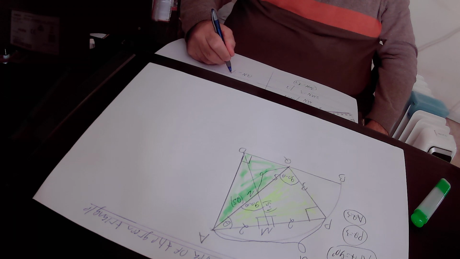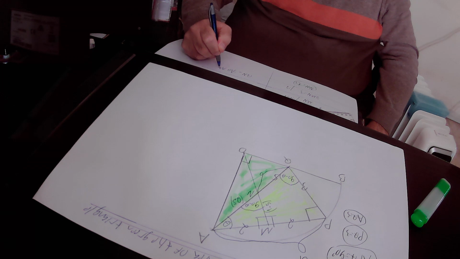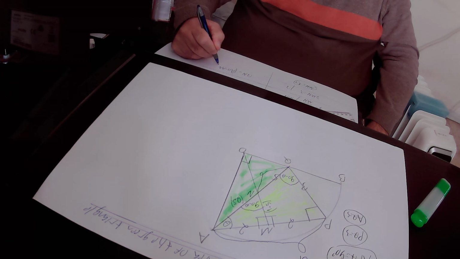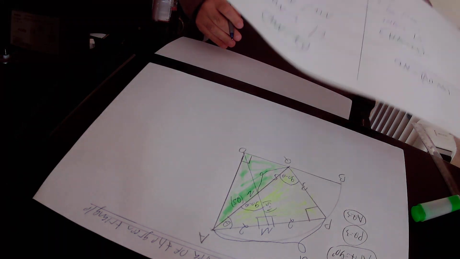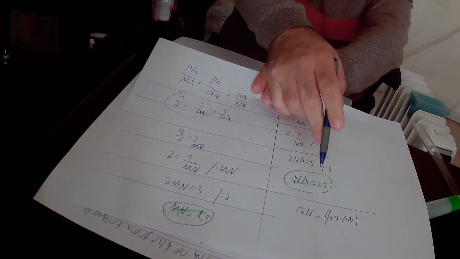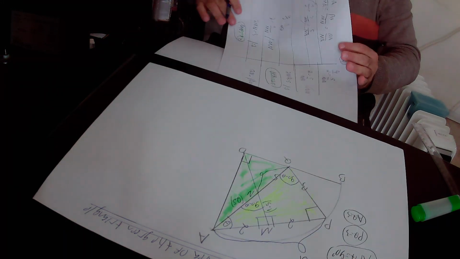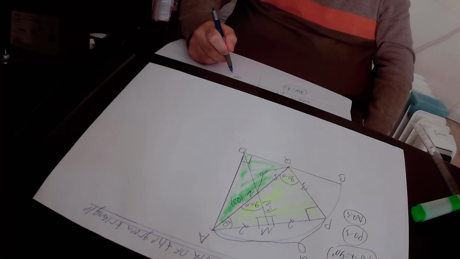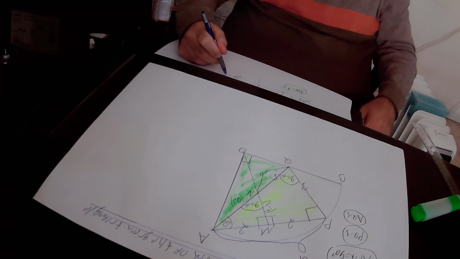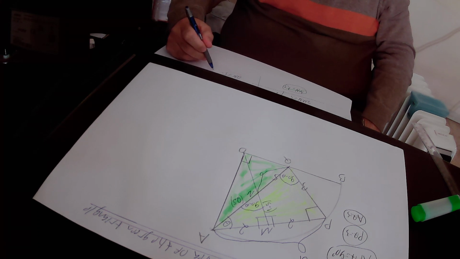QN equals AQ minus AN. So QN equals AQ, which is 5, minus AN, which is 2.5.